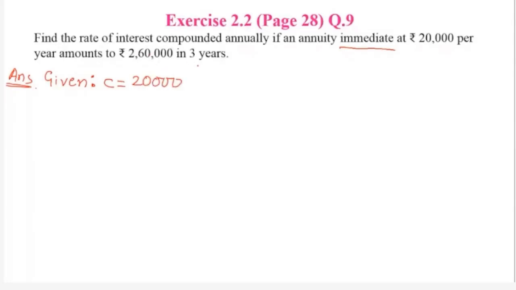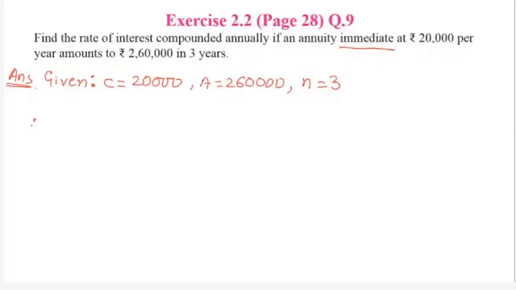Amounts to 2,60,000. 2,60,000 is A. N is equal to 3. All of you agree? Agree, friends? Let us write down the formula.